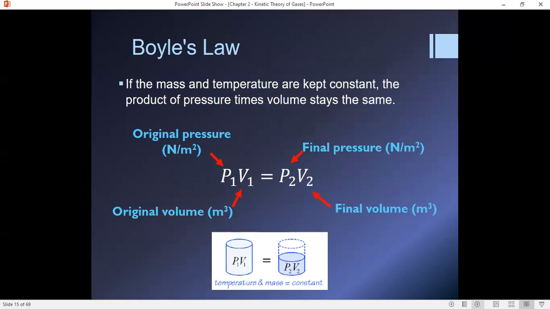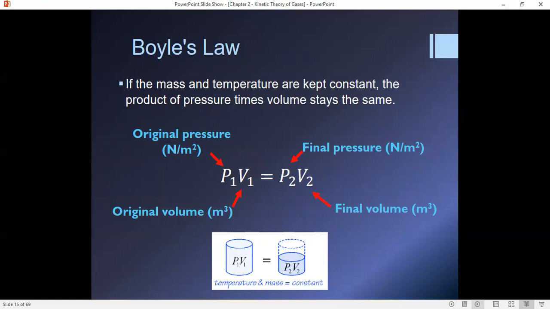Now, for a gas, we have a number of different laws that allow us to relate the different variables in the equation of state. And all of these can be put together to create the ideal gas law. The first thing that we can demonstrate for most gases, assuming a fairly low density, is Boyle's law.